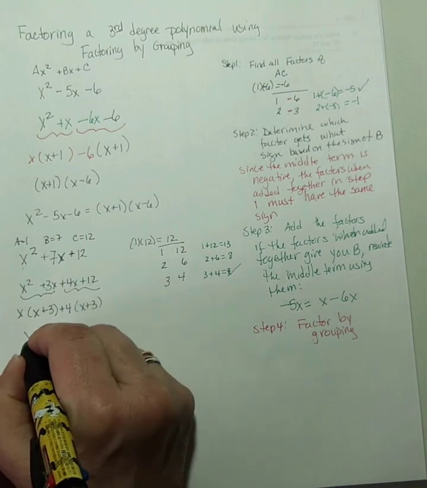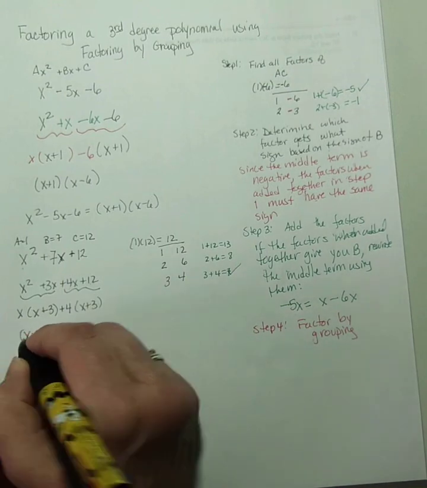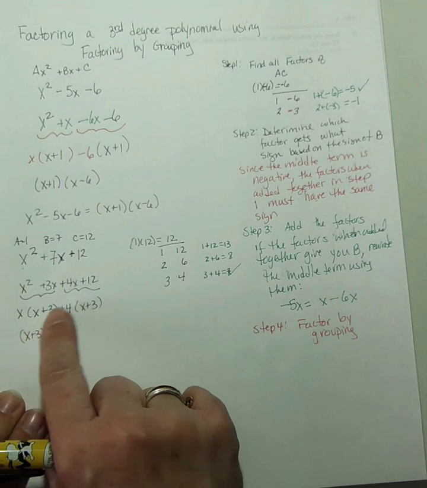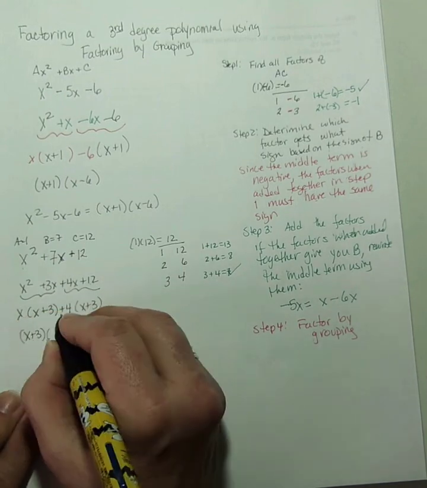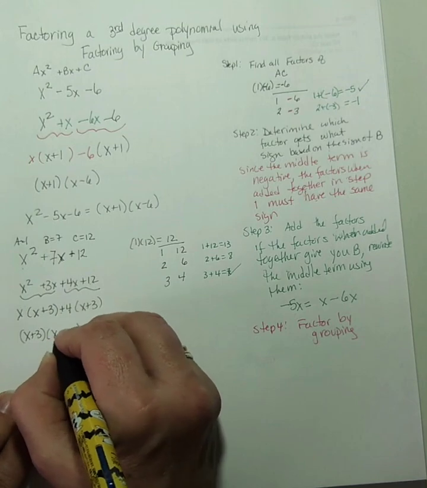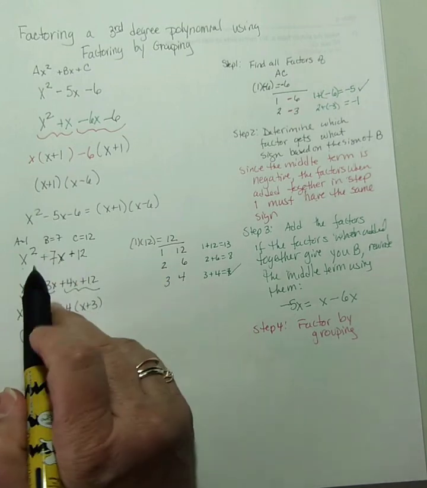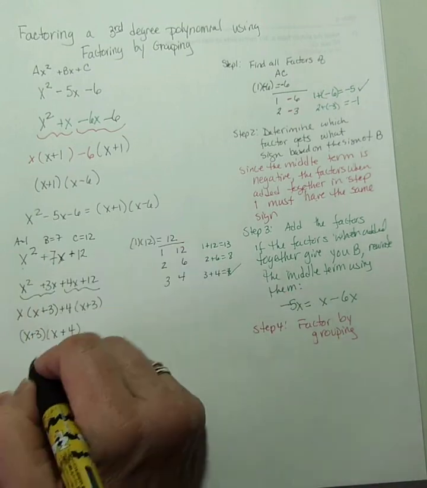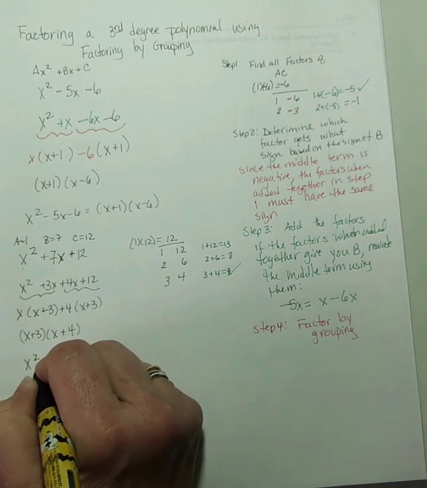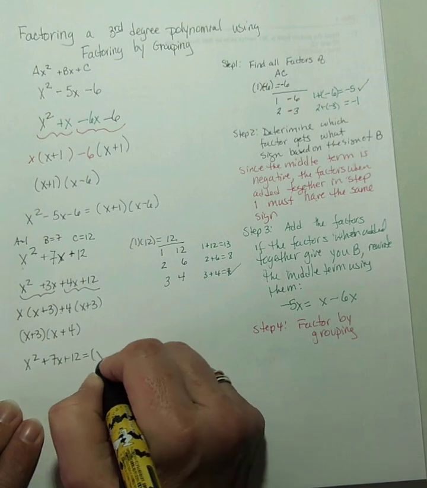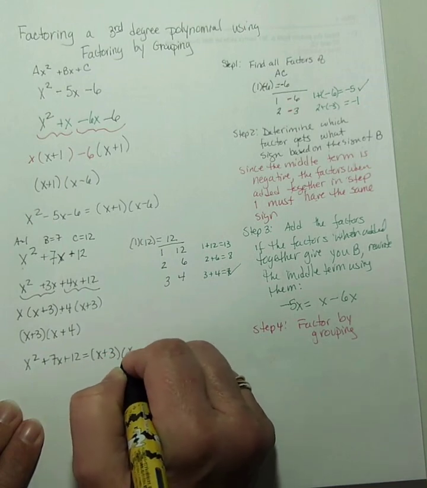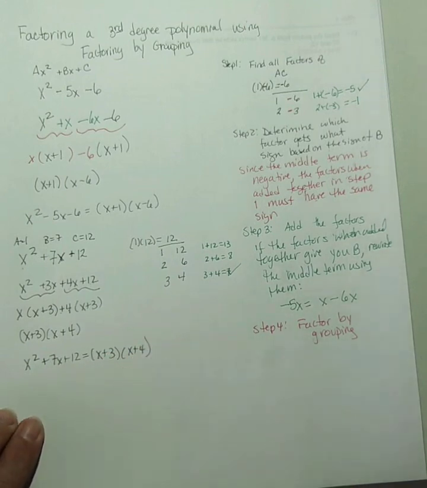Once I see that, that means I can pull out an x plus 3. It's in common with both of these terms. And what am I left with? When I factor it out, I'm left with an x plus 4. And I have now factored x squared plus 7x plus 12. X squared plus 7x plus 12 can be factored as (x plus 3)(x plus 4).